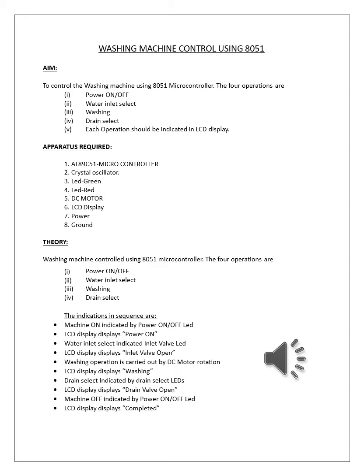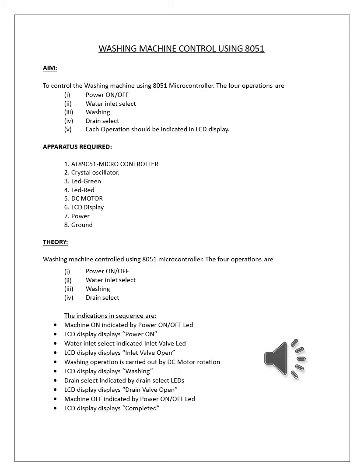Then we have to let the water out. For that the outlet valve, indicated by an LED, will turn on. That indicates the drain valve is open, and all the water will go out through the drain valve.